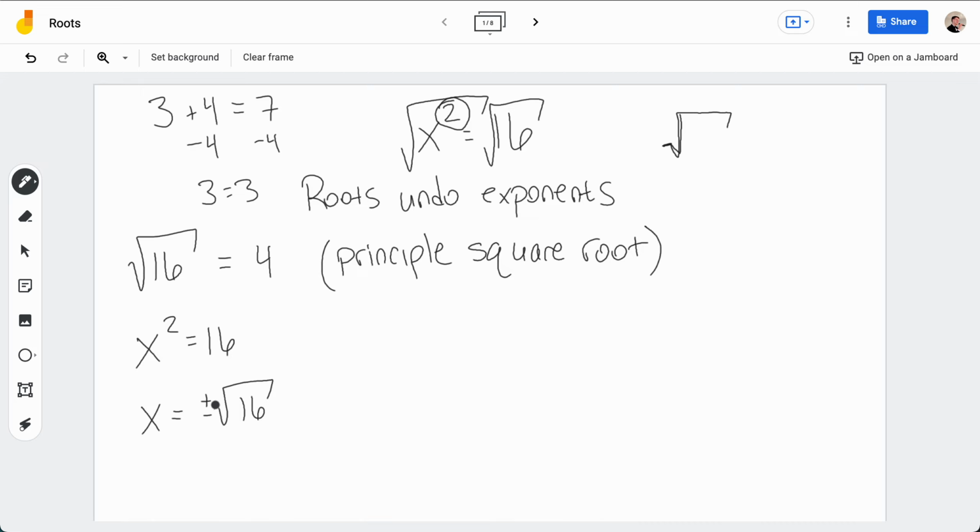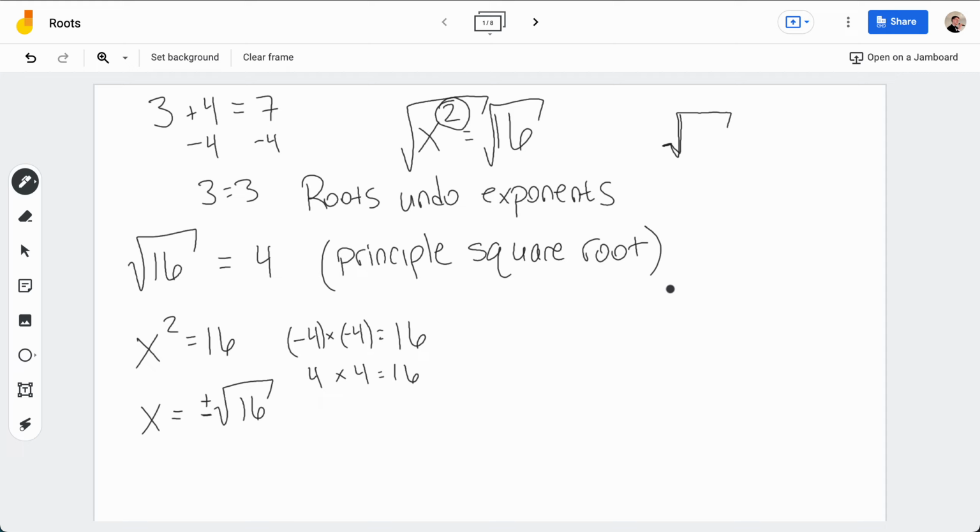We need to intentionally add a plus or minus sign up front to indicate that the negative answer would also work. The reason is that if I took negative 4 times negative 4, 4 times 4 is 16, and a negative times a negative is a positive, so I just get positive 16. Positive 4 times positive 4 is also 16.